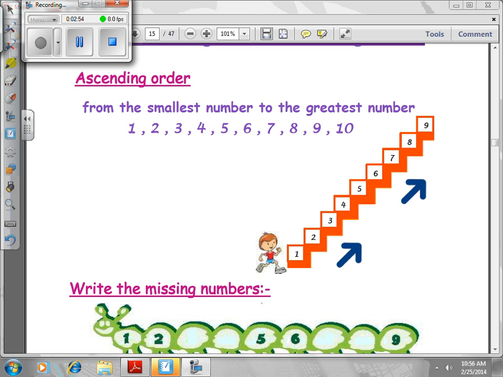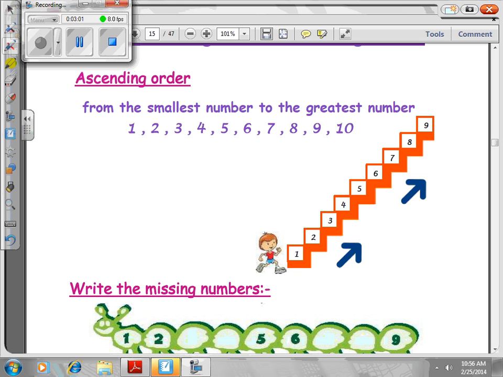Now we will revise together another lesson that we took before, which is the ascending order. Who remembers when I say arrange the numbers in an ascending order? It means that I arrange the numbers from the smallest to the greatest or the biggest.